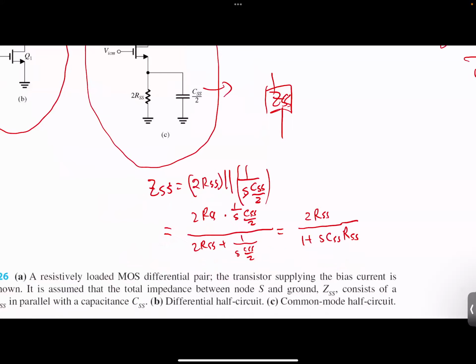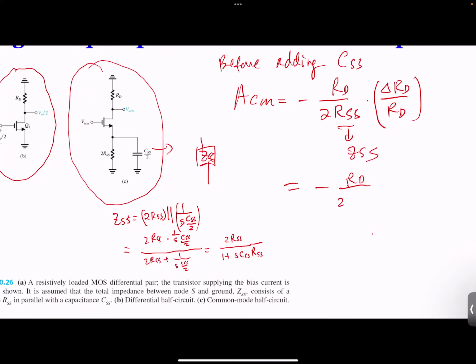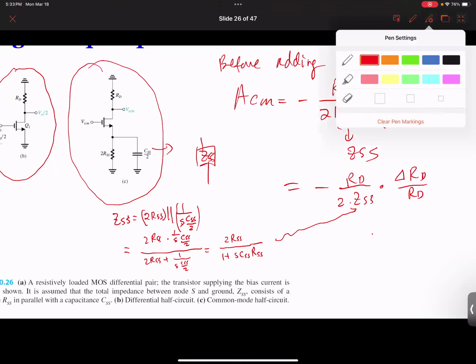So I have the impedance ZSS now, and I will plug it into the equation over here. I get 2 RD over 2 times ZSS times delta RD over RD. If you plug this in here, you will see that this becomes, because this is ZSS here. Let me write it out to give you an idea of what it means.